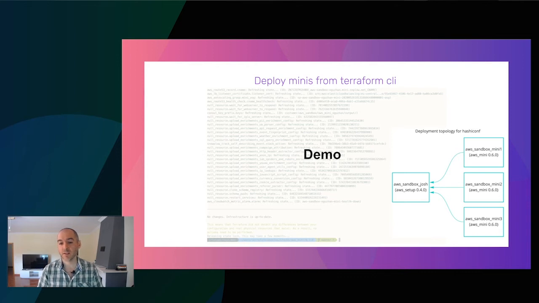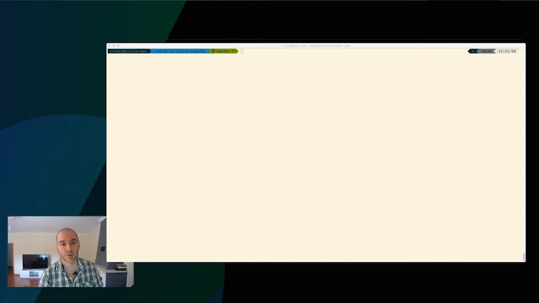Now, before we start the demo, just let me recap what we are going to deploy. So we are going to deploy 3 minis into AWS, and we are going to reuse an environment that Josh had already created previously for these tests. Okay, for the demo, I'm going to pull up here the CLI.